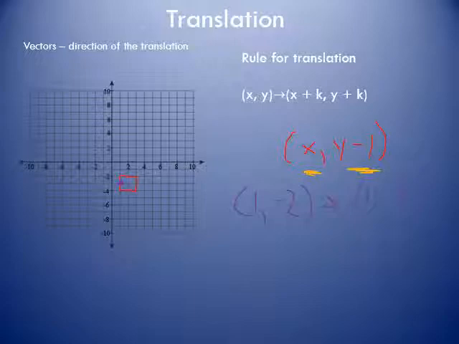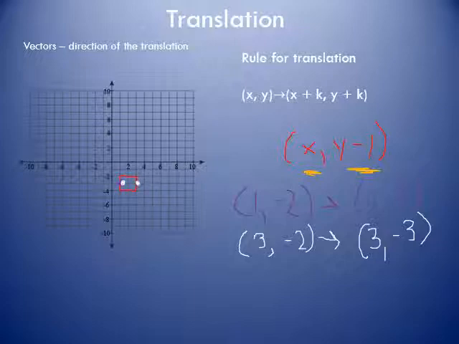I don't think that purple is working great on that background. Let's see if white works better. So my top right vertex is at 3, negative 2. My rule says leave the x alone and subtract 1 from the y. So negative 2 minus 1 is negative 3. This one is at 3, negative 3, which would be right there.